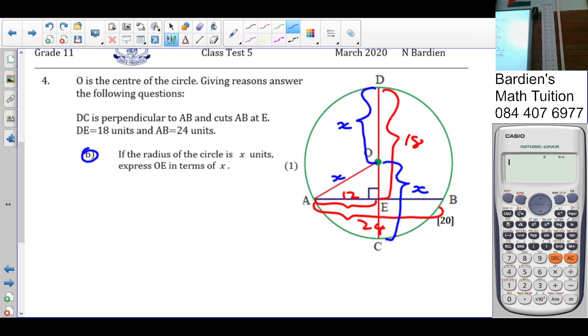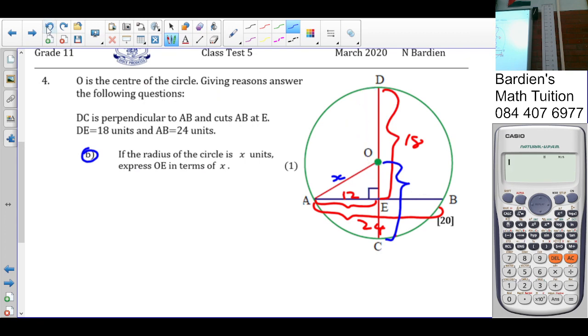Express OE in terms of x. So OE is this length here. But if this whole length is 18, not so? D is 18. DO is x. So what is OE? 18 minus x.